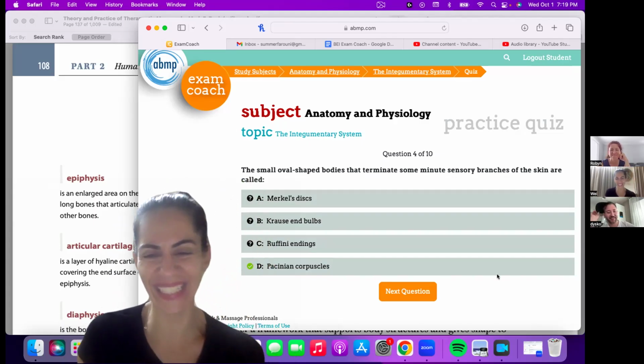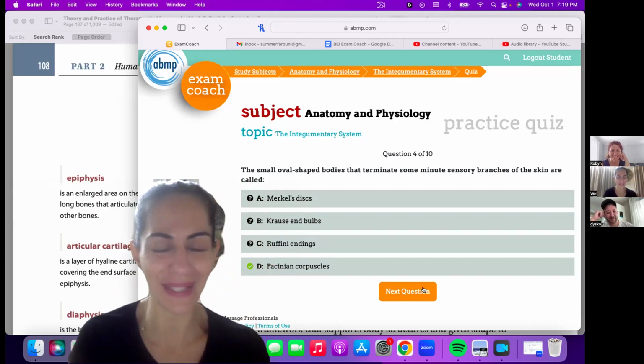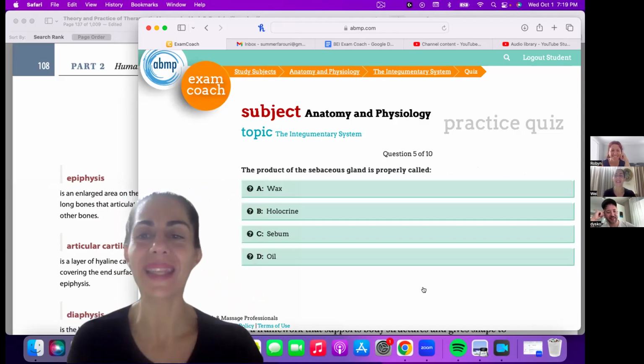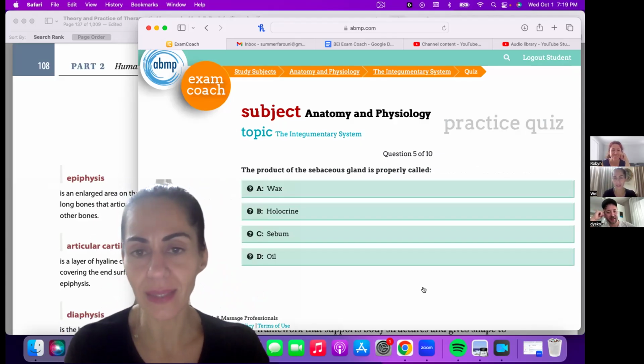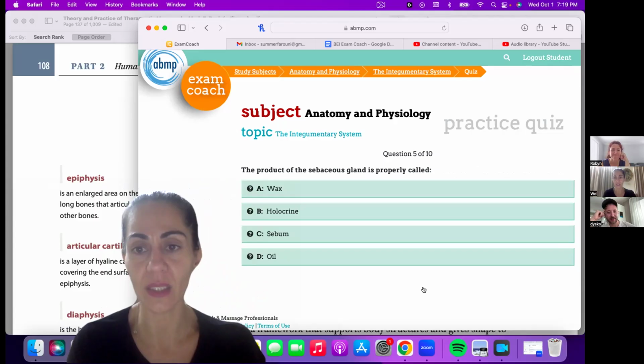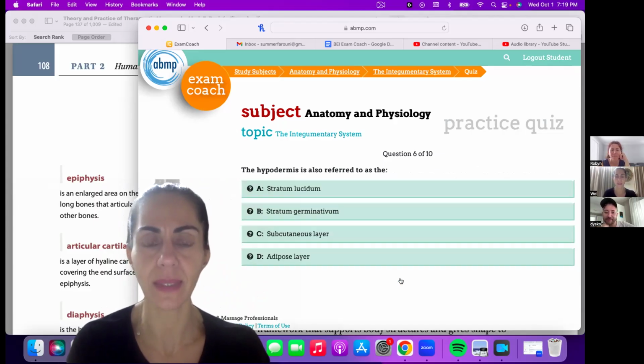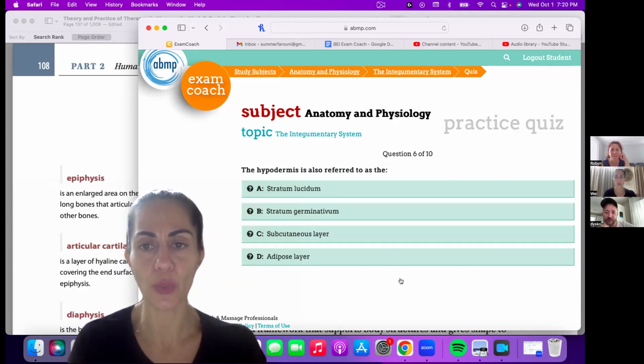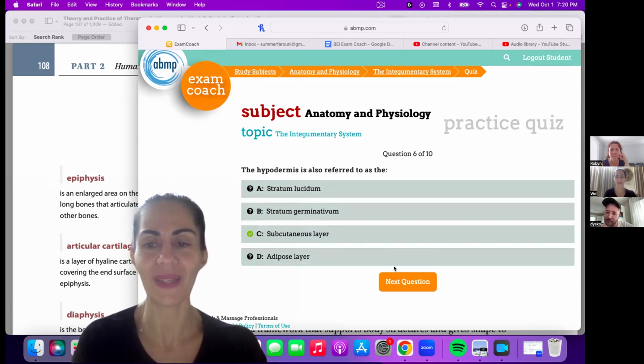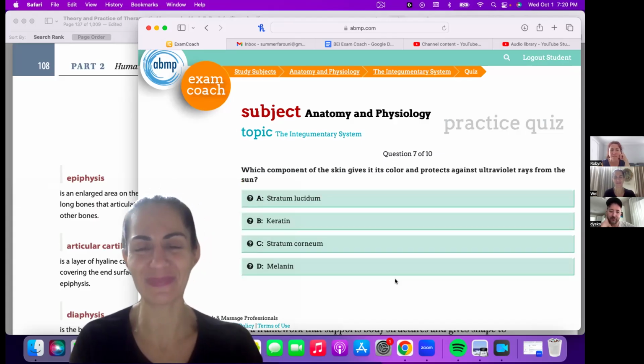Anyway, you're pronouncing everything correctly. Awesome. The product of the sebaceous glands is properly called oil or sebum, right? C. Sebum, correct. The hypodermis is also referred to as the subcutaneous. Correct.